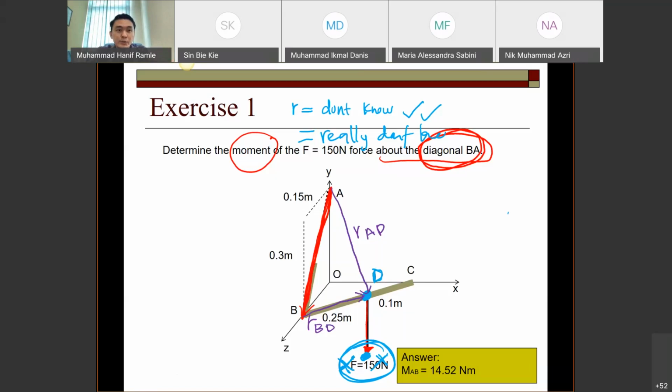So you have to determine R first. This is the way that I always use. Let's say we want to determine RBD first. How to determine RBD using trigonometry, of course? Anyone?